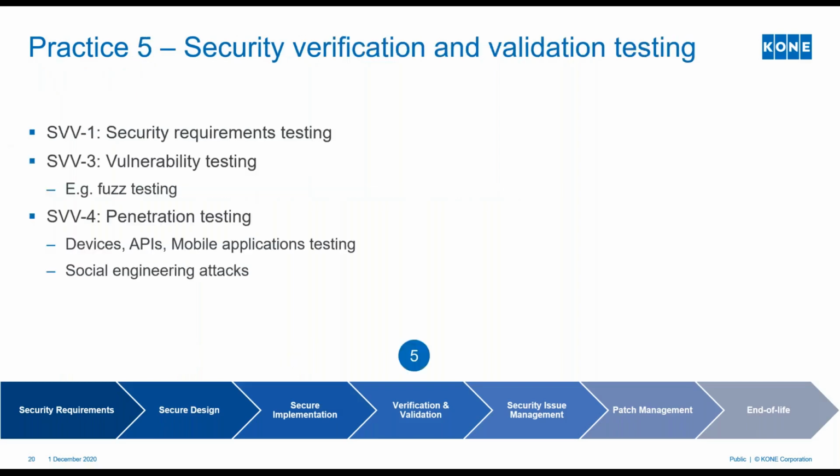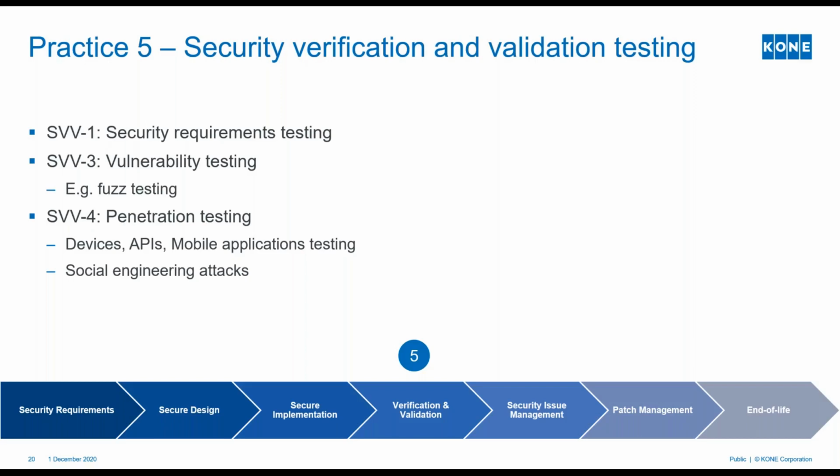And practice 5 then deals entirely with verification and validation, starting with the testing that the security requirements are actually fulfilled, to testing the system for vulnerabilities, for example through fuzz testing. So fuzzing is a very good method to find vulnerabilities.